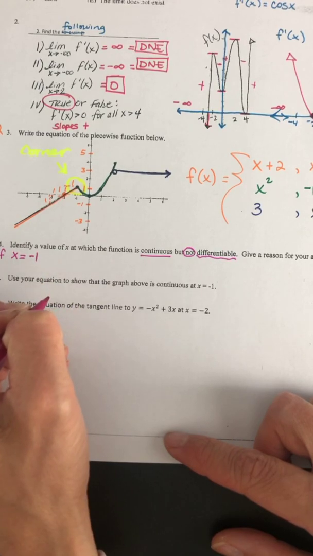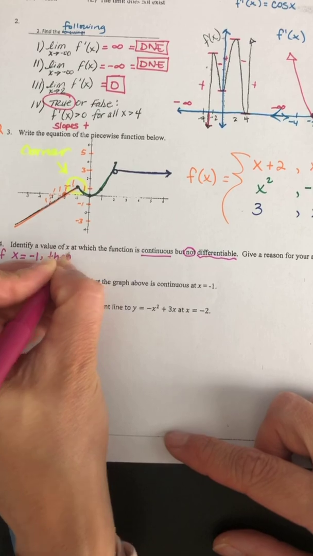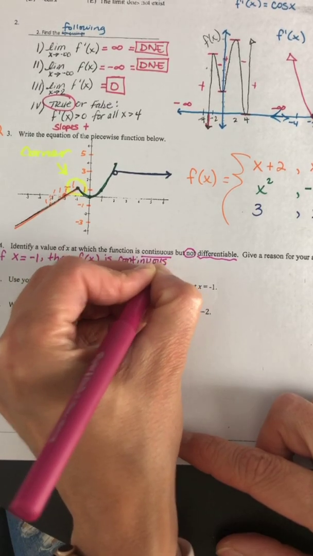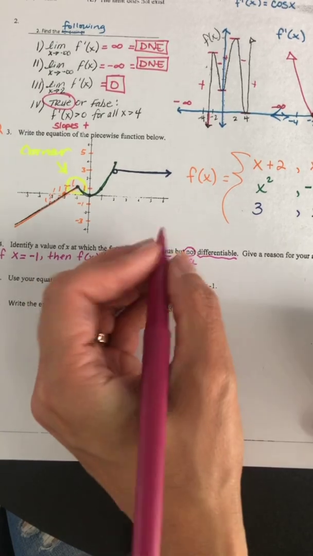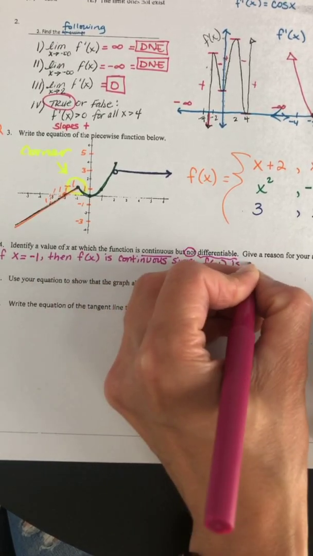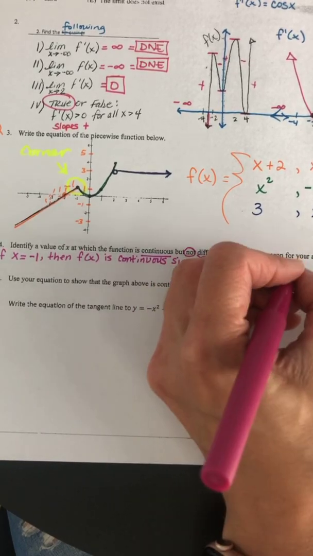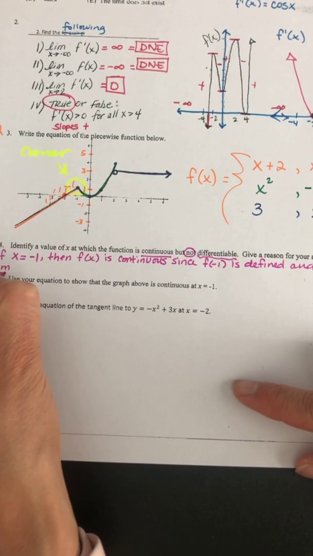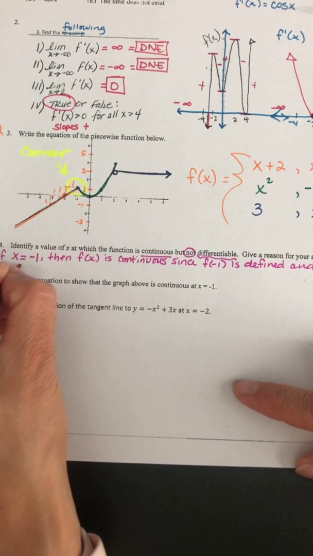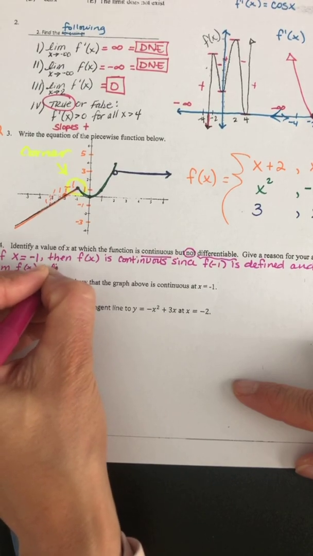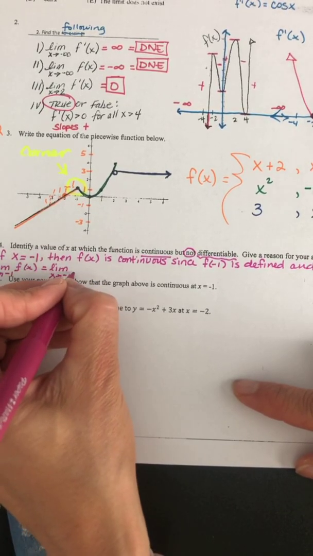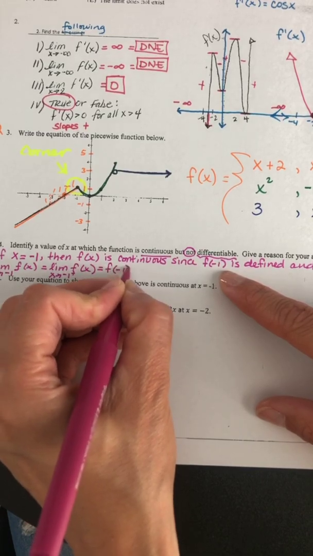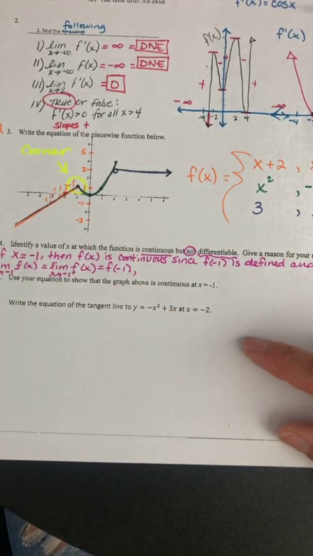If x equals -1, comma, then f of x is continuous since, we have to say that f of -1 is defined, and we can say the limit as x approaches -1 from the left of f of x equals the limit as x approaches -1 from the right of f of x, which equals where it is defined, f of -1, comma. So we talked about the continuous part.